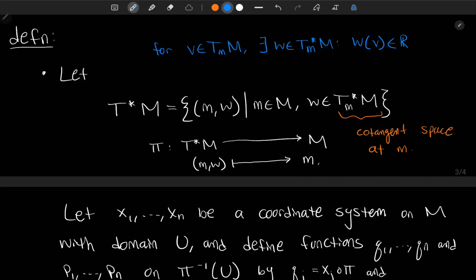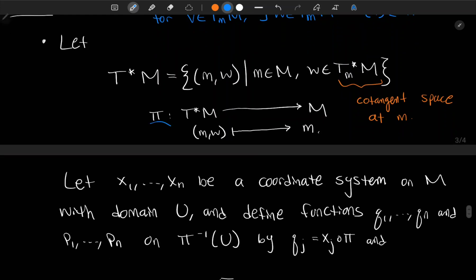Or if we have some more general field, for example if our field is the complex numbers, this could be an element of the complex numbers. Or more generally, for a field K, w acting on v is an element of K. But given this set, together with the projector pi, which projects from this set T*M onto M, so as before, we take an element of T*M, which is given by (m, w), and we just forget about w. We just project onto the point on the manifold M.